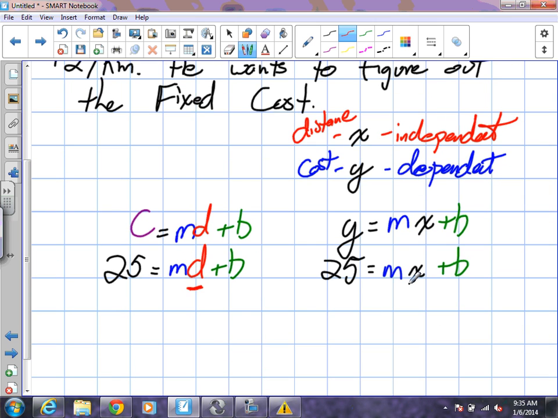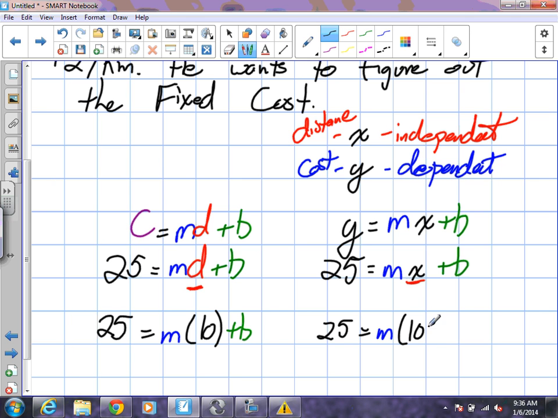So 25 is equal to M times 10 plus B. Or in the other case, 25 is equal to M times 10, that's supposed to be a 10, plus B. And finally, what is our slope? What's our variable cost?